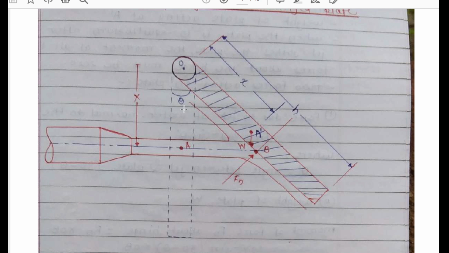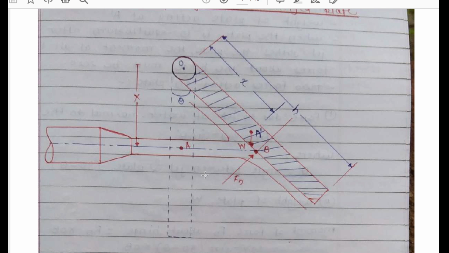Here in this diagram we can see that the angle between jet and plate is not given. The angle of swing for the hinge plate is given. So from this angle we have to calculate the angle between jet and plate, and that angle is nothing but 90 minus theta.